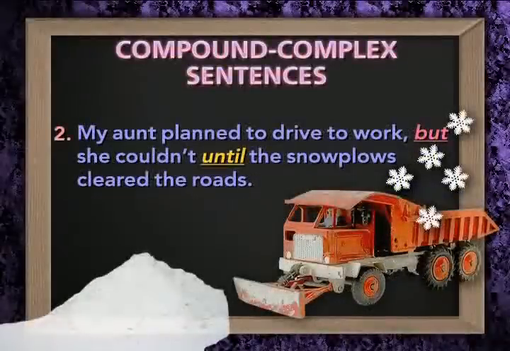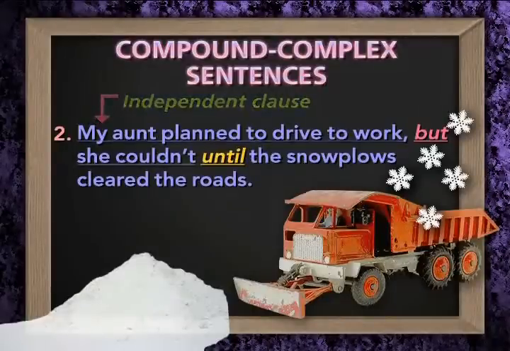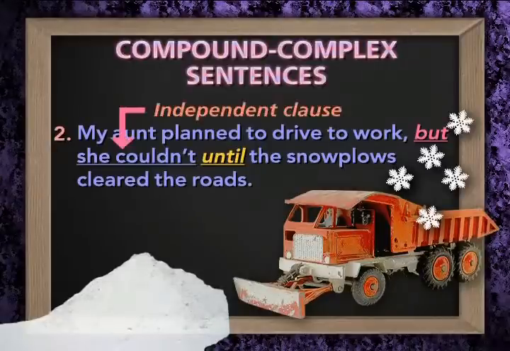Number 2, my aunt planned to drive to work, but she couldn't until the snowplows cleared the roads. My aunt planned to drive to work is an independent clause. She couldn't is also an independent clause. It's short, but I have my subject and I have my verb. She couldn't, subject, verb.